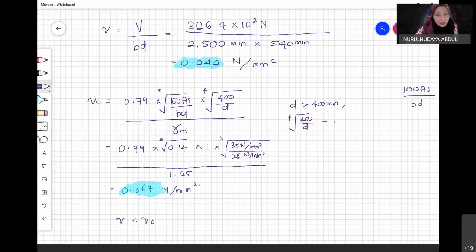So what does it mean? It means that you tak perlu provide shear reinforcement, extra shear reinforcement. Tak perlulah provide sebab shear stress can be resist by the concrete already.